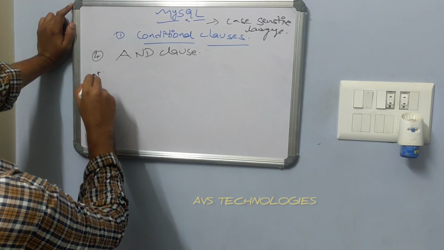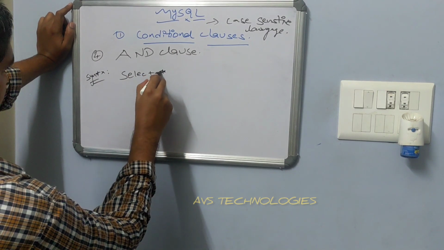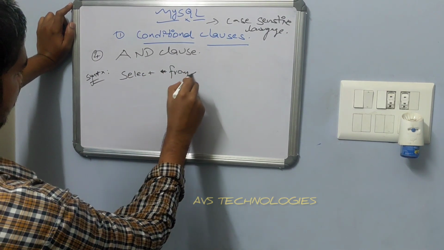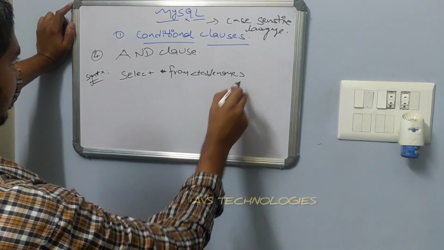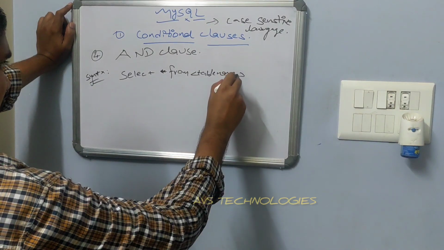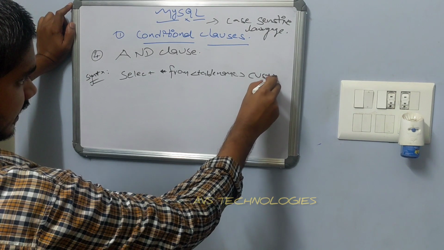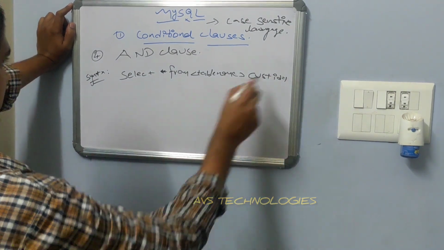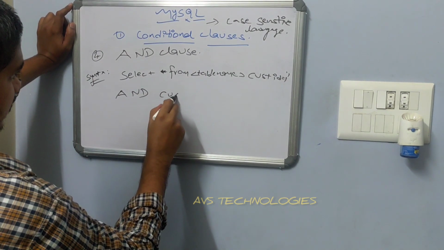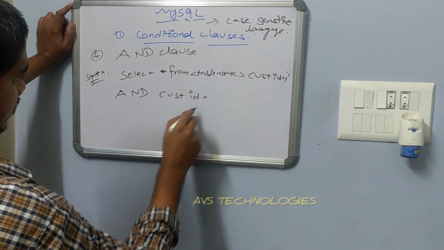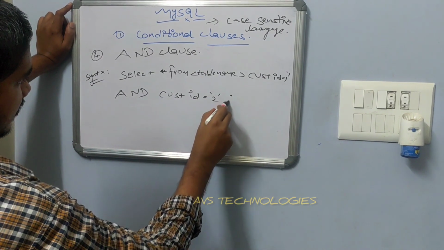Syntax for and: select star from table name where customer id equal to 1 and customer id equal to 2, simple.